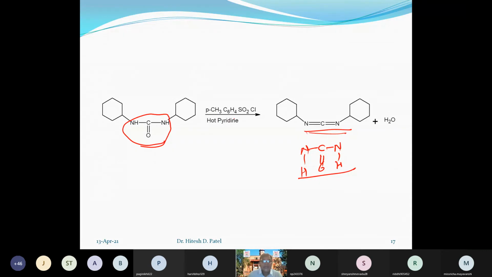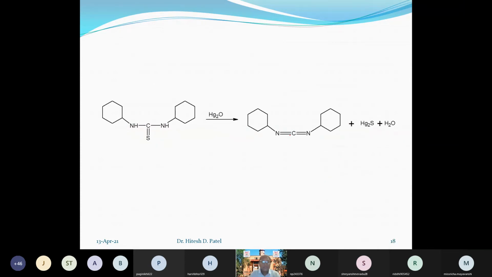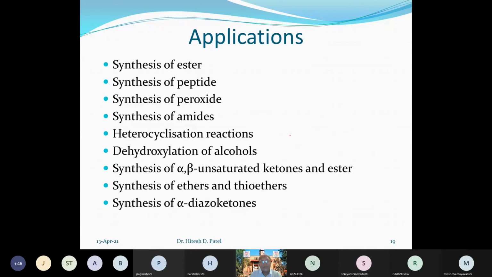This hydrated DCC, on heating with PTSA, para-toluene sulfonyl chloride, in hot pyridine, gives DCC. So these are the two methods of synthesis of DCC. Then if a thiourea type of derivative is there, by treatment with HgO we can convert it into DCC.